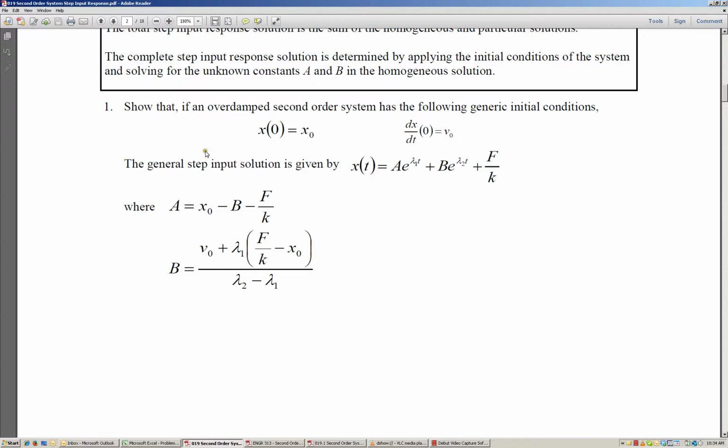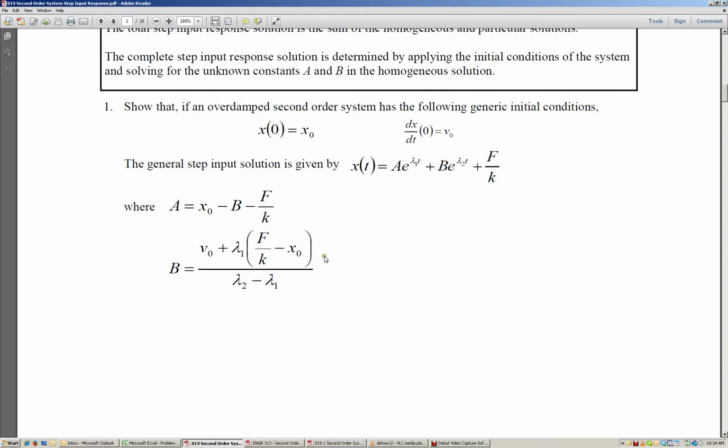If the second order system is overdamped, and I can find the initial conditions, which is what we need to work on, then the general step input solution is given by this equation: some unknown constant times e to the first eigenvalue times time, plus another unknown constant times e to the second eigenvalue times time, plus the constant forcing value divided by the stiffness of the system.